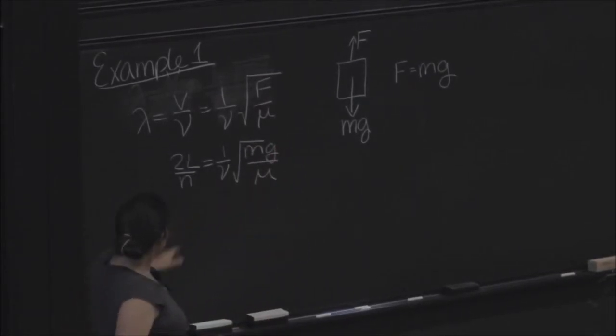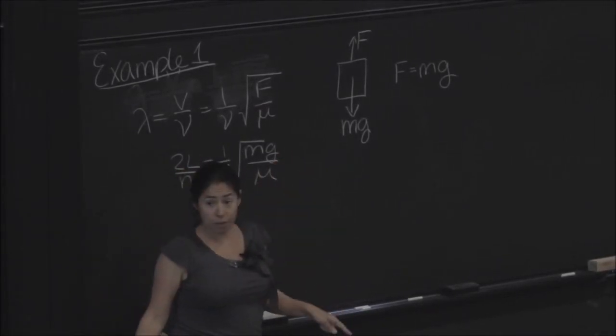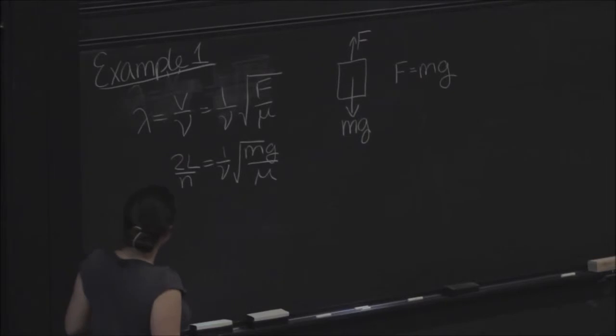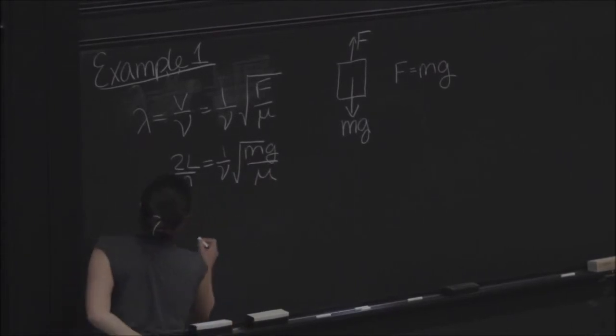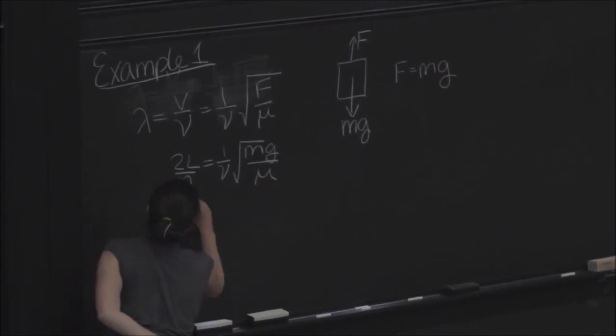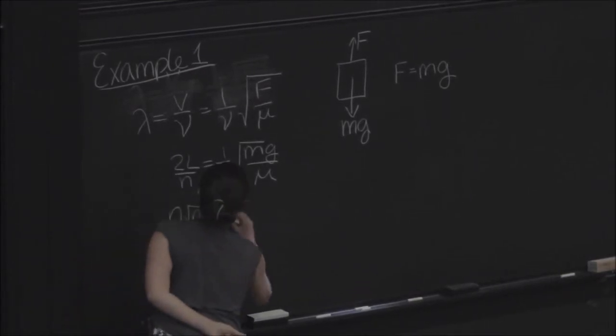Now, we're not changing the length of the string, nu, gravity, or our string, so the only things changing are N and M. So N times the square root of M equals a constant.